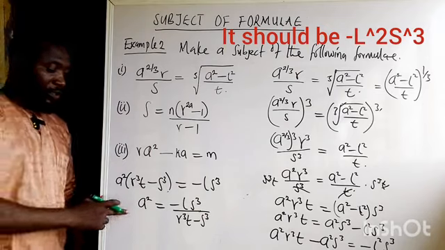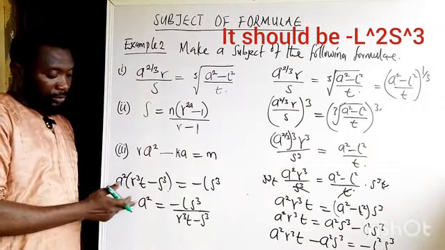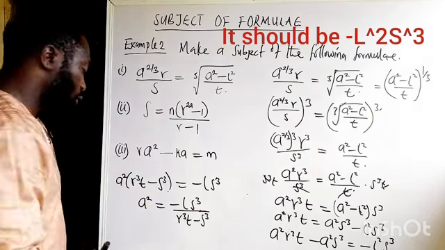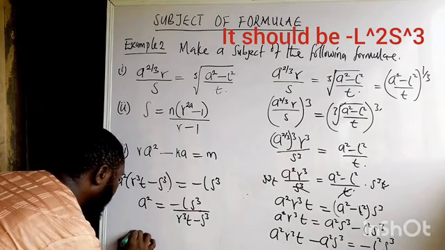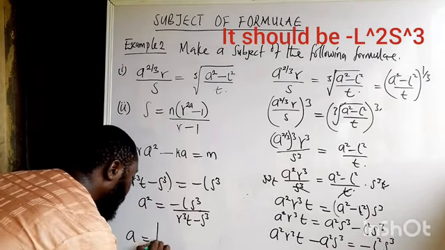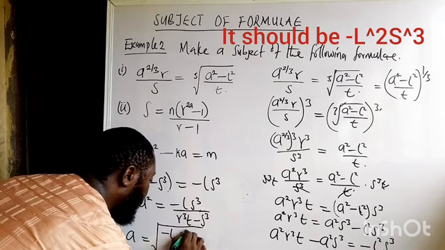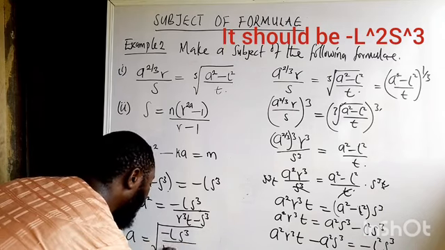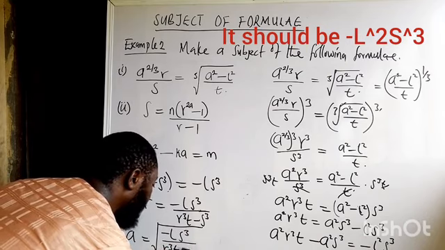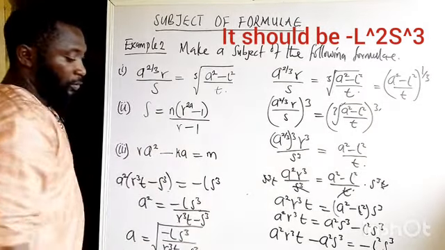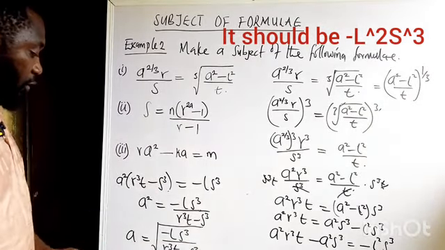And since the question says make a subject, you take the square root of both sides. By the time you do that, you have a equals square root of negative L s to the power of 3 divided by r to the power of 3 t minus s to the power of 3. And this is the solution.